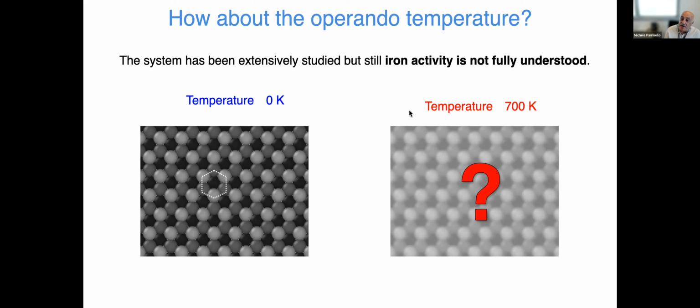Experimentalists have difficulties in operating at this temperature, so there are no data here, and so far theory has also been absent in this range of temperature. So we try to cover this hole and understand whether we can learn from 0 Kelvin what happens at 700 Kelvin, or if there are new things going on.